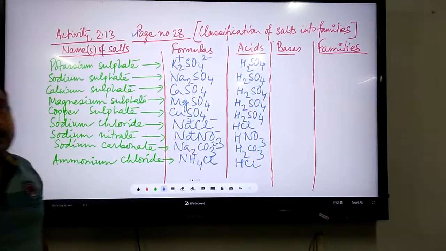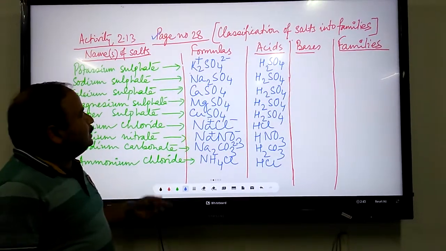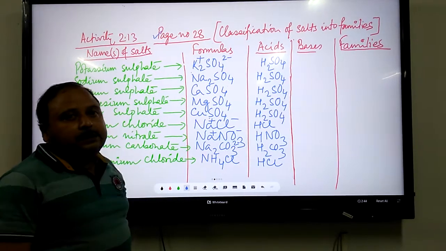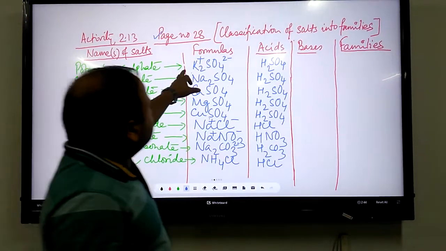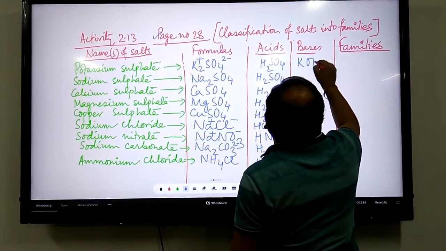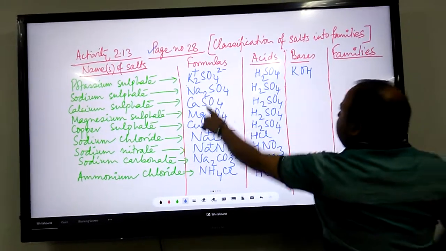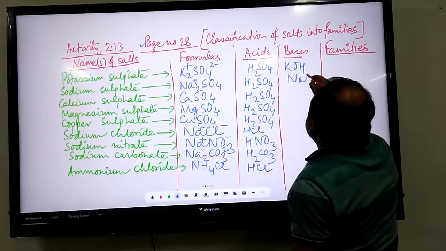Now when you want to write down the formula or the name of the base, in this case you should consider the positive radical present in the salt, and then with that you add OH. For example, in this case the positive radical is K plus and the base is KOH, that is potassium hydroxide. Here the positive radical is Na plus, so the base is sodium hydroxide.